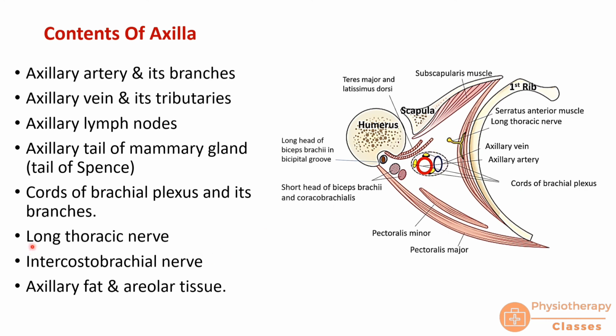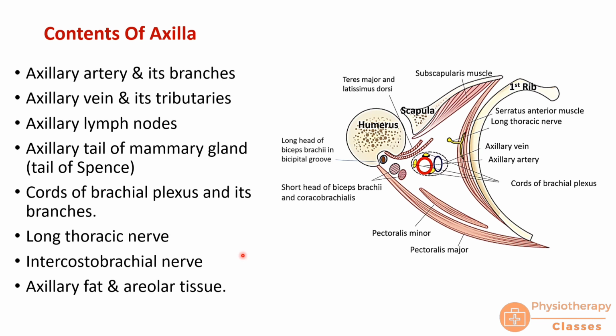Then there is another nerve that is intercostobrachial nerve. So it will only appear if this cross section is taken from the second intercostal space, because this intercostobrachial nerve is the lateral cutaneous branch of the ventral rami of second thoracic spinal nerve.